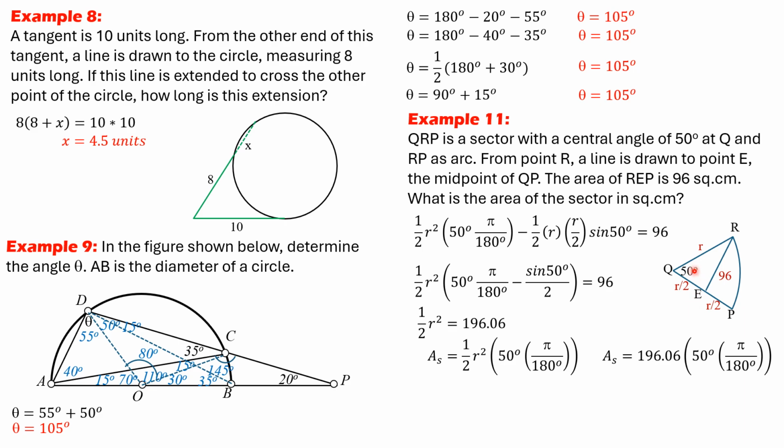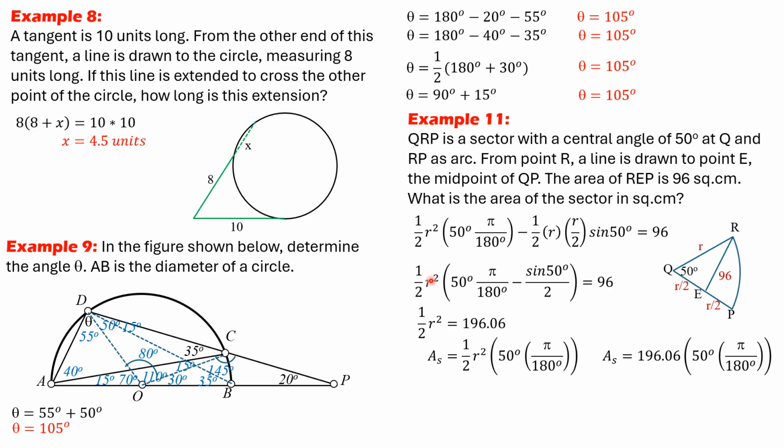But before we can solve that, because R is unknown, area of sector minus area of triangle, this triangle here, equals 96. So area of sector is 1/2 R squared times central angle 50 degrees converted to radians. That's why we multiply by pi over 180 degrees, minus the area of triangle QRE, 1/2 product of adjacent sides, 1/2 R and R over 2, sine of 50 degrees.